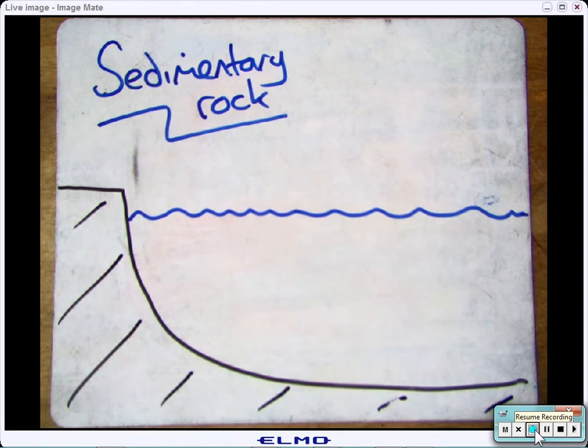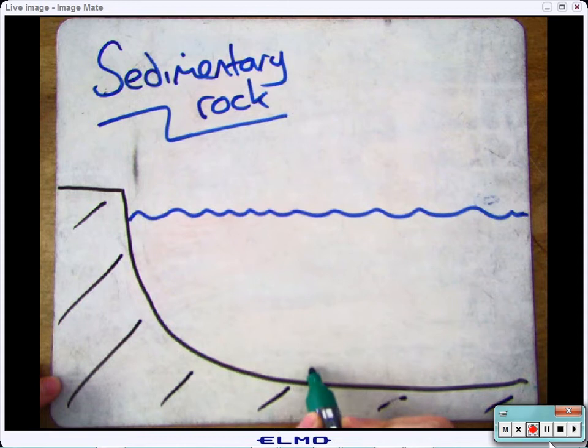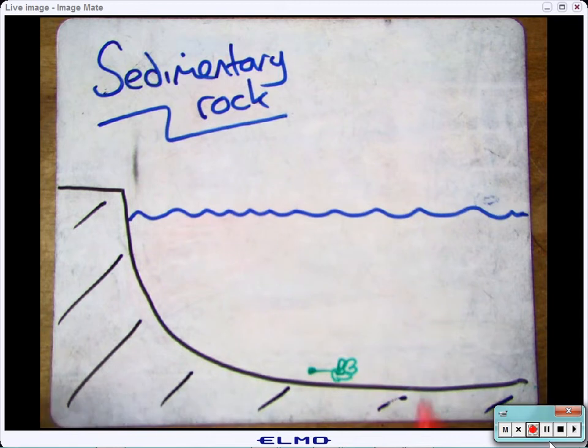Sedimentary rock is formed when plants and animals die at the bottom of water and then get buried by bits of rock.